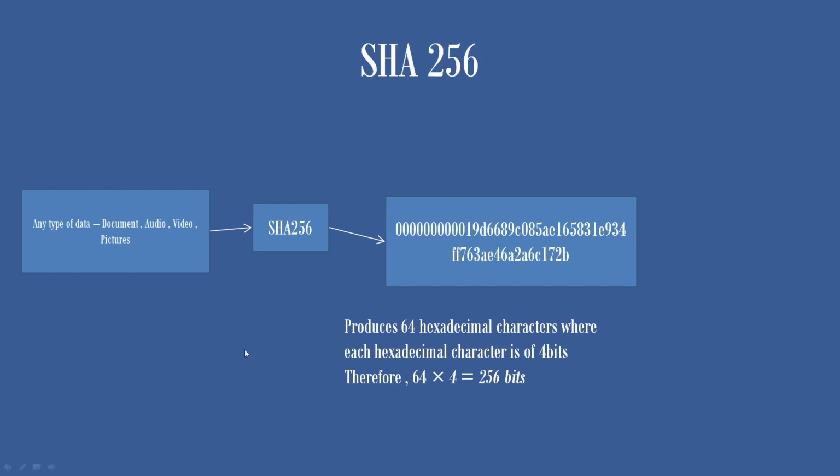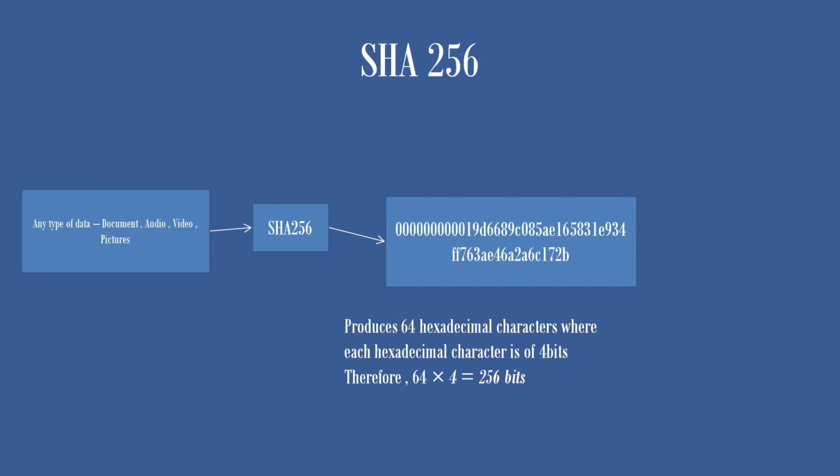Here, as you can see, we can provide some data to SHA-256 like documents, audio, video, pictures, etc., and it will convert it into 64 hexadecimal characters, where each hexadecimal character is 4 bits. Therefore, 64 times 4 equals 256 bits. That's why it is known as SHA-256, Secure Hashing Algorithm 256. Okay, so now you may wonder what a hexadecimal character is.